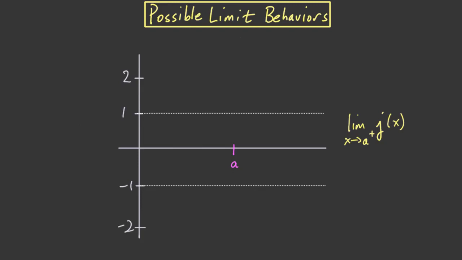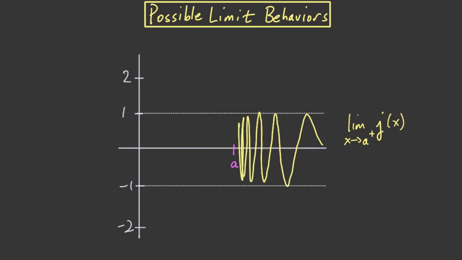As x was coming in towards the value, hopefully you saw that j of x just kept bouncing back and forth, going up and down, faster and faster, until it just goes haywire as x comes in really, really close to a. So yeah, really weird. We'll try not to give you too many functions like this, but you should be aware that stuff like this can happen. And when it does, we'll also say that the limit from the right does not exist.